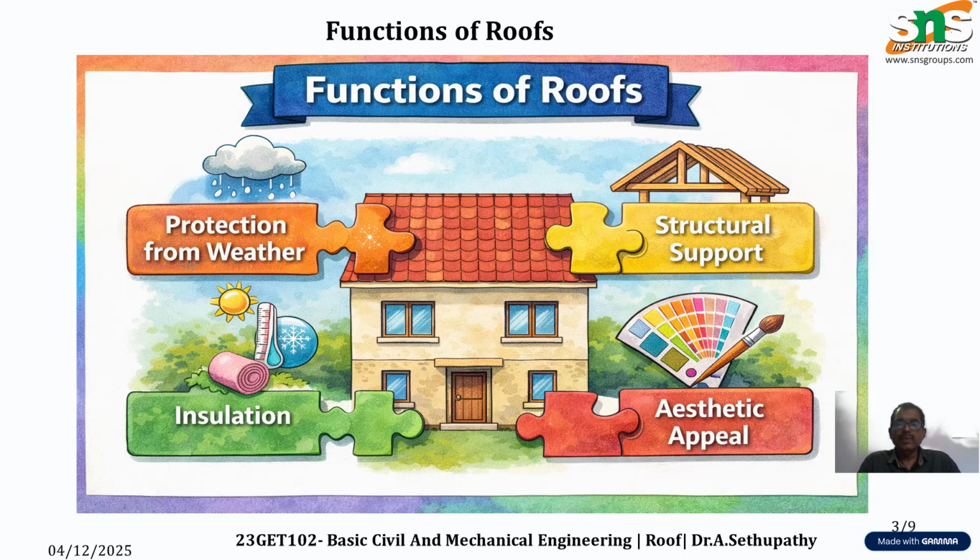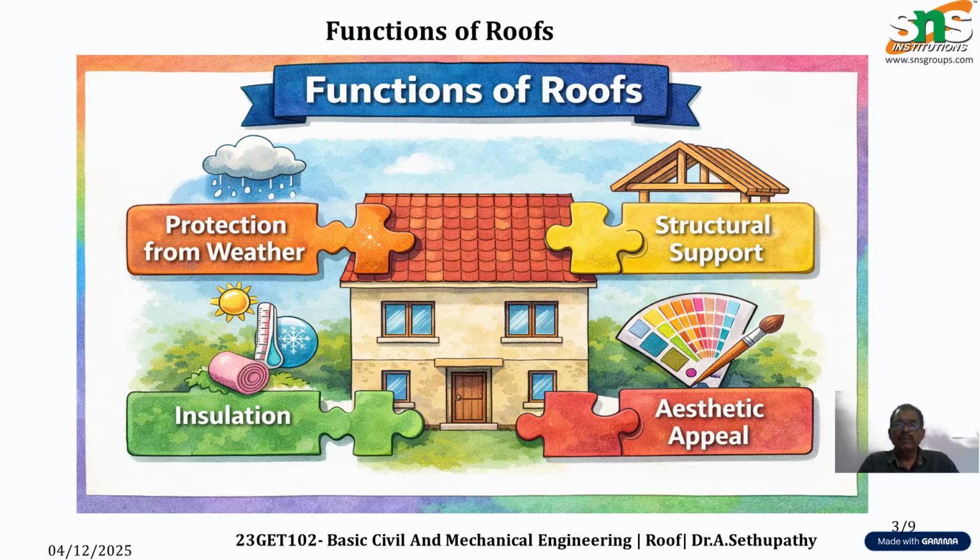Another one is structural support. We use wood or steel materials for structural work. After that, the roof sheets are placed on the structure, so the structure is protected from environmental factors like rain, sunlight and wind.